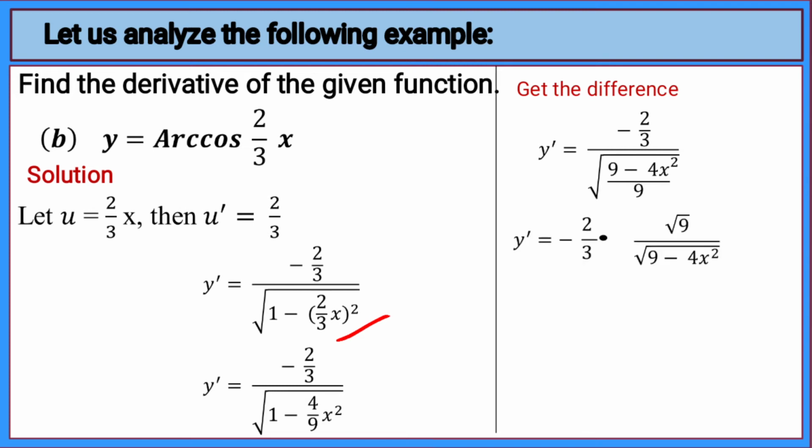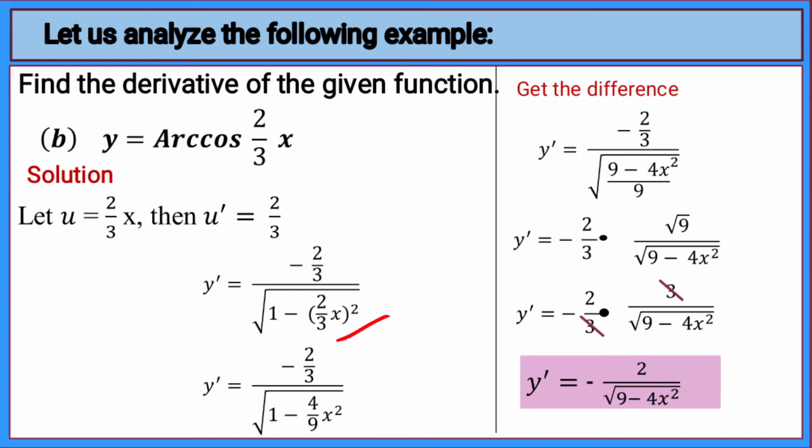To get that, we have y prime is equal to negative 2/3, the numerator, times the reciprocal of the fraction inside the radical of the denominator. So we have the square root of 9 over the square root of 9 minus 4x squared. And the square root of 9 is 3. So we can cancel this 3, and we get our final answer: y prime is equal to negative 2 over the square root of 9 minus 4x squared.